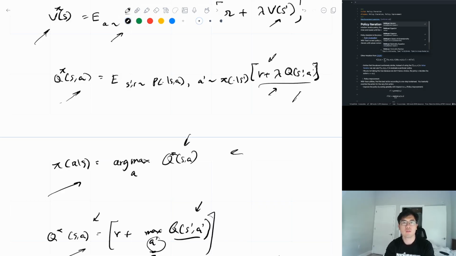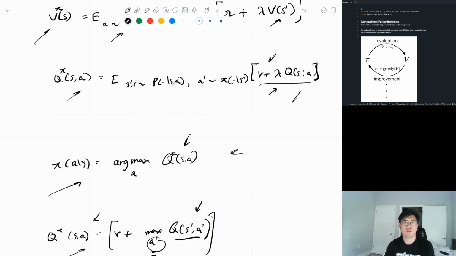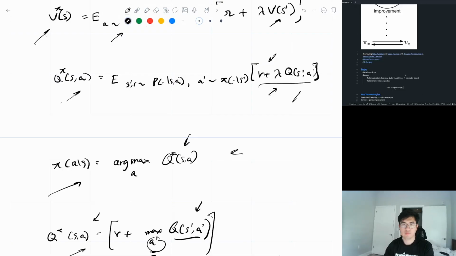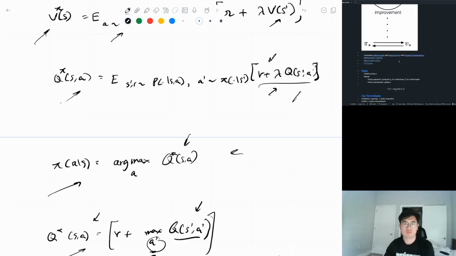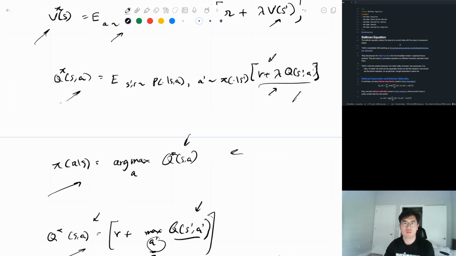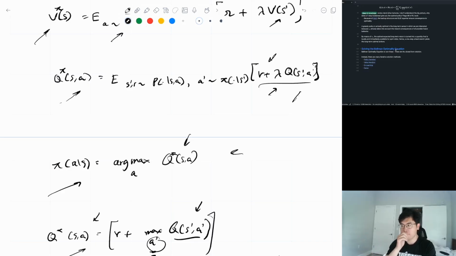Learning Bellman. Policy iteration. Oh, I'm gonna have a merge conflict.